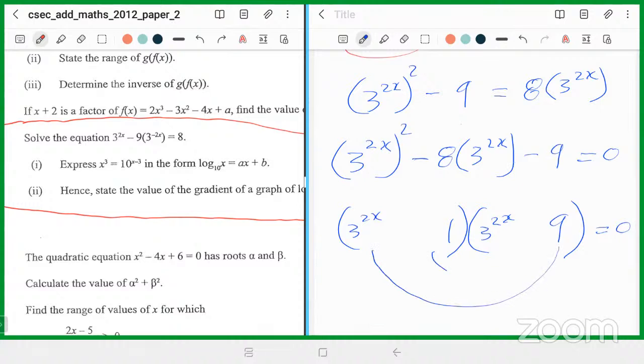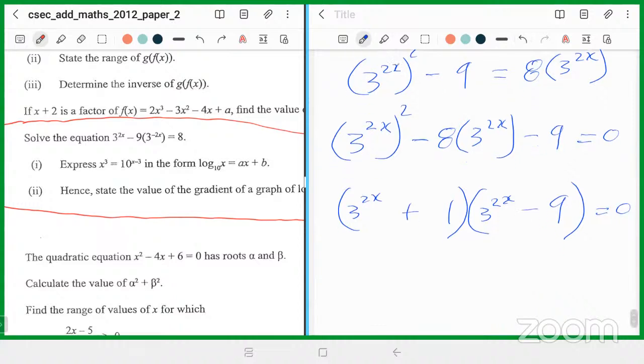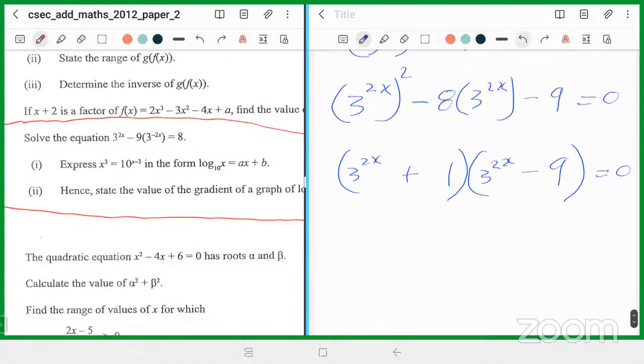Far product is greater than near product, so I'm going to make the far product negative and the near product positive. So if I put this one equal to 0, it becomes 3 to the 2x equals negative 1. Or if I put this one equal to 0, I'm getting 3 to the 2x equals 9.